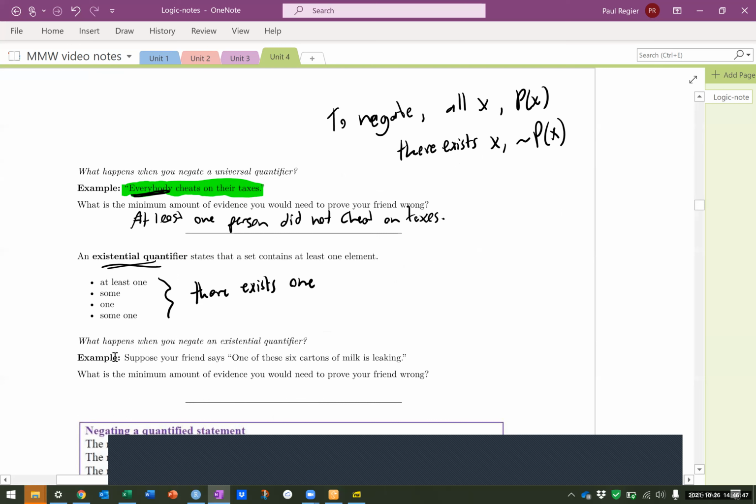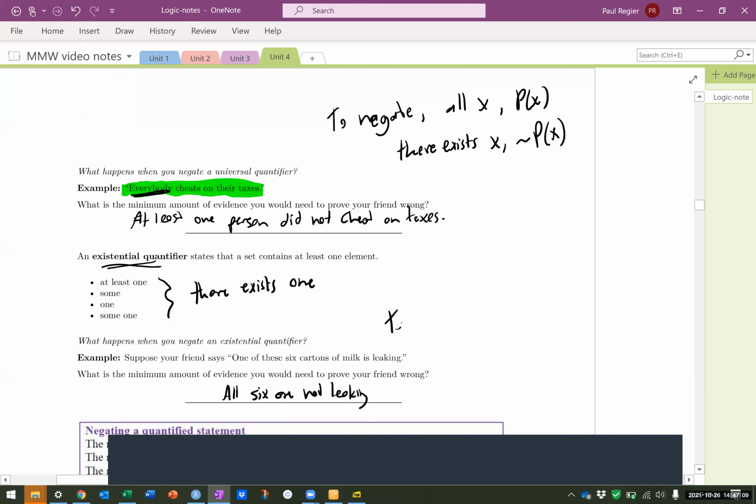So to prove your friend wrong, to show that no, not at least one of these cartons is leaking, you would have to show that all 6 cartons are not leaking. Right?